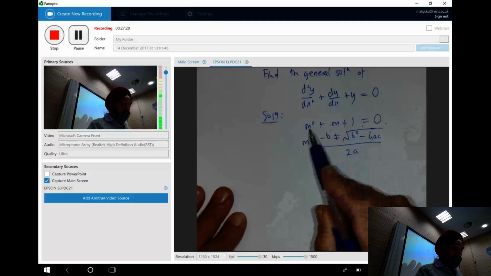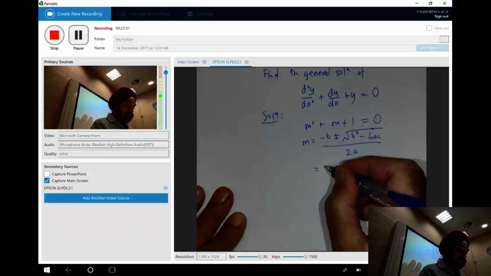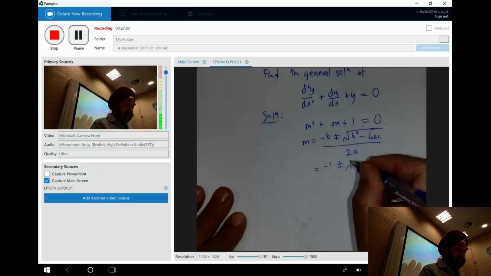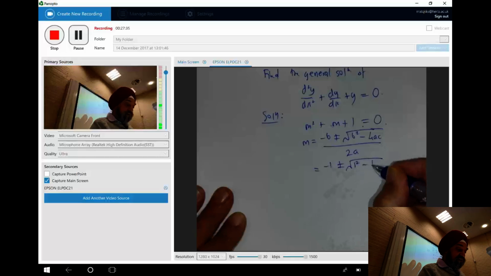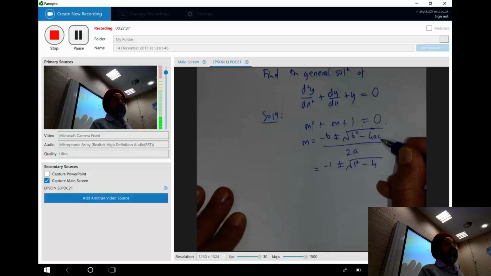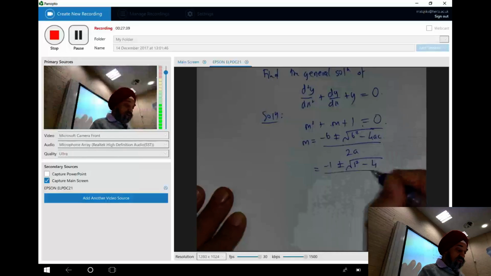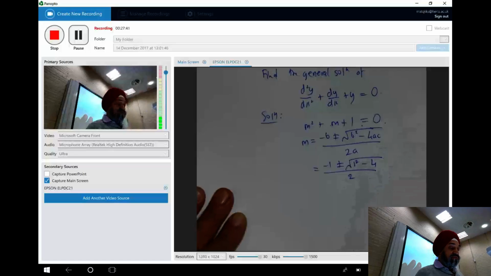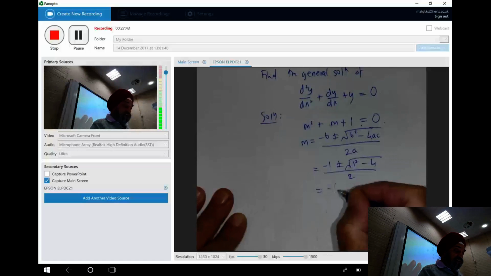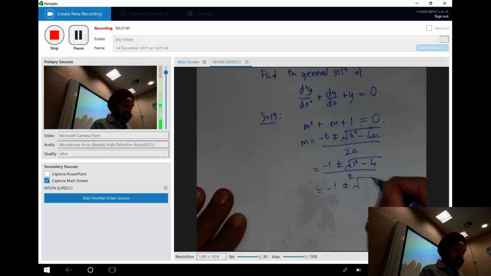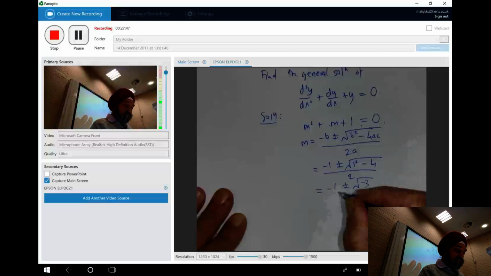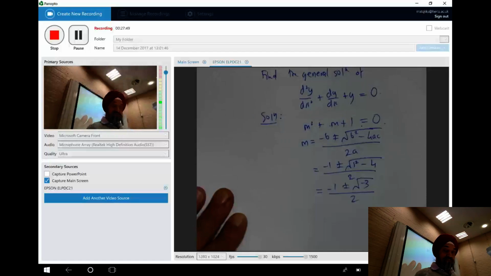So we get minus 1 plus or minus the square root of 1 squared minus 4 times 1, which gives you 4, all over 2 times 1, which gives you 2. So we get minus 1 plus or minus the square root of minus 3, all over 2.